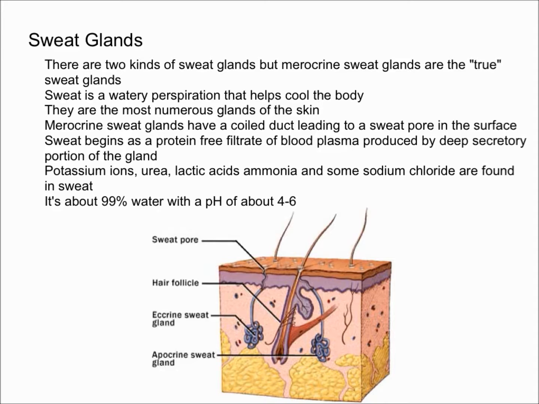So sweat begins as a protein-free filtrate of blood plasma that's produced by the secretory portion of the gland. And so sweat will have potassium ions, urea, lactic acid, ammonia, and some sodium chloride.